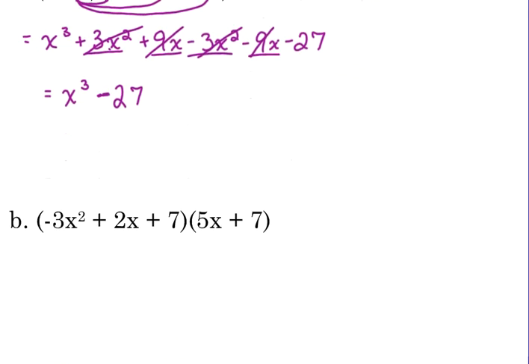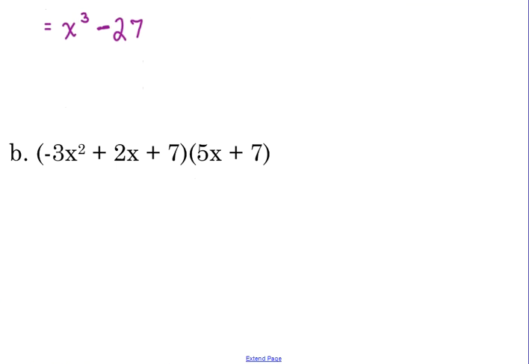The next example there is just to show you that the order of multiplication doesn't matter. It doesn't matter whether the binomial is first or whether the trinomial is first. We're going to get the same result. If it really bothers you that the trinomial is first, just move it to the end or move the binomial to the beginning and handle it the same way.